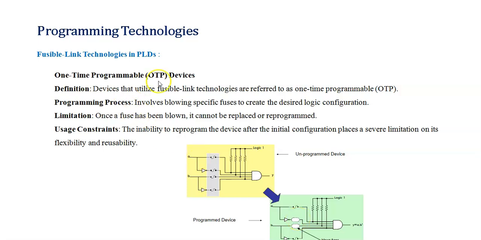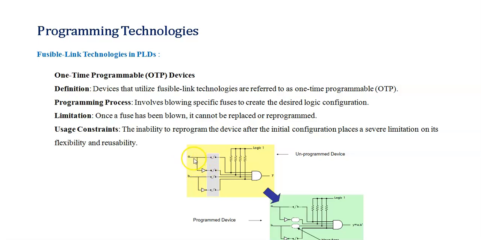So this is a one-time programmable device, that is OTP. Once it is programmed, you will not be able to reprogram it. Because once fuses are blown, you will not be able to connect them again, and that is the limitation of this particular fusible link technology.